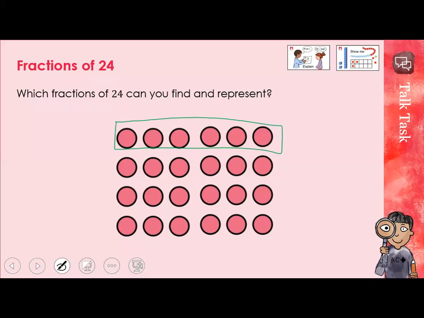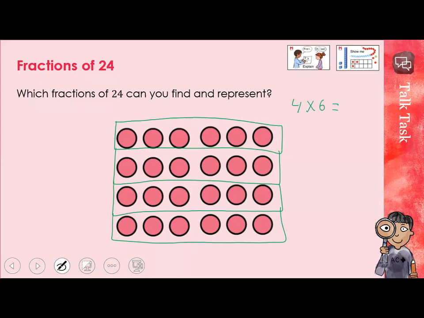So I know I've got 24 in total, and I know that I've got 6 in each row. But how many rows have I got in total? I've got 1 row, 2 rows, 3 rows, 4 rows. And I've got 4 lots of 6. I know that that's 24. I know that each row is equal to a quarter, isn't it?